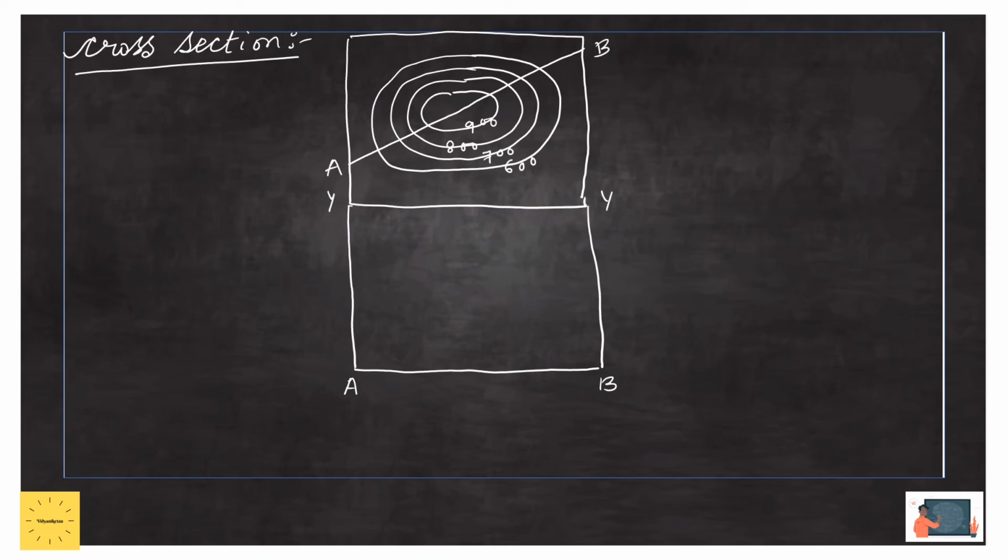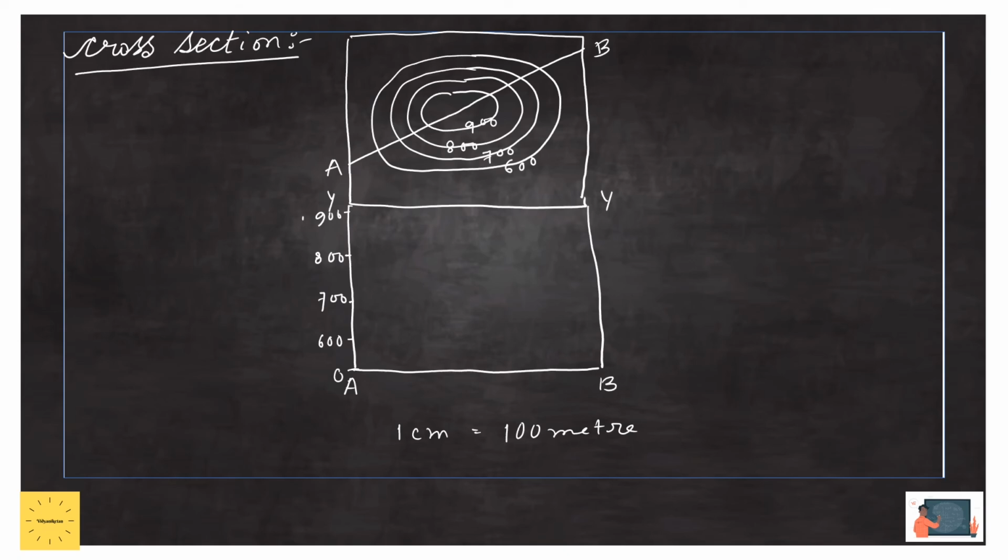Okay, so now what should I do? First, I will take a scale. Like 600 is the lowest value. So I am taking 1 centimeter represents 100 meter. So this is starting from 0 and 1 centimeter gap will be there. So this is 600, this is 700, this is 800, and finally this is 900.